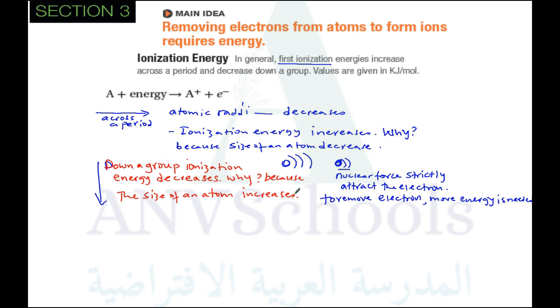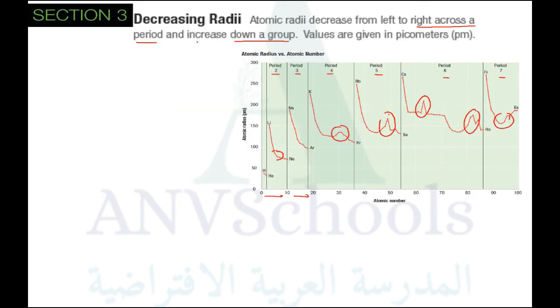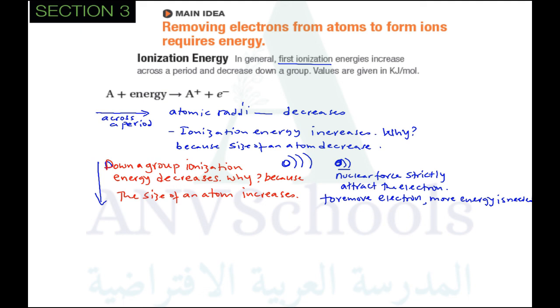If the size of an atom increases, the nuclear force will fail to strictly control or attract the outermost electrons, so the electrons can easily be taken off or snatched by another atom. So we will continue with regard to removing this thing.